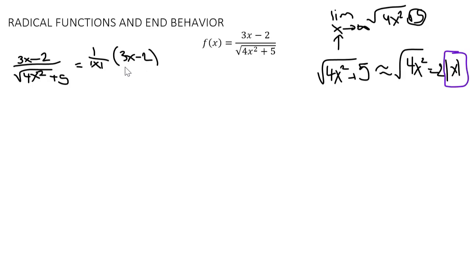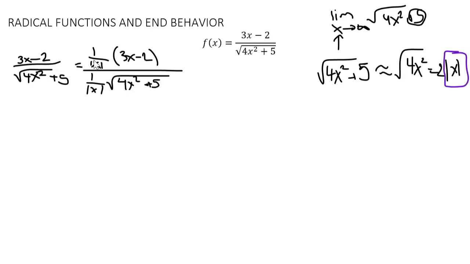Any factor I introduce into the numerator, I need to introduce into the denominator to result in a net change of nothing. You know, it's the same expression, mathematically equivalent. We've got 4x squared plus 5.